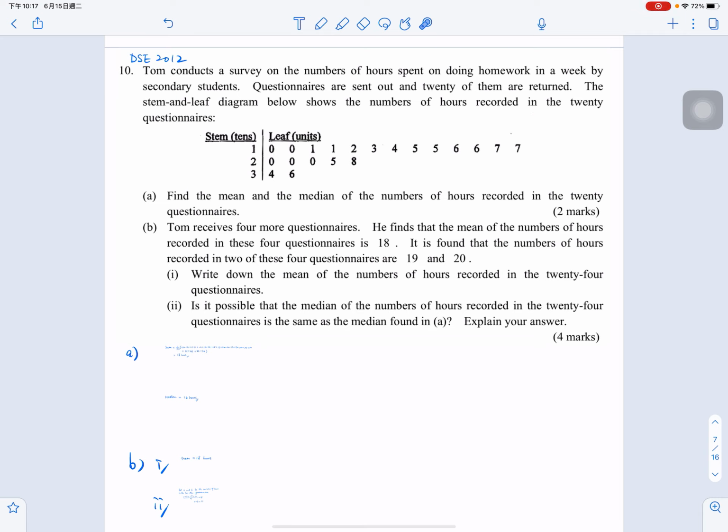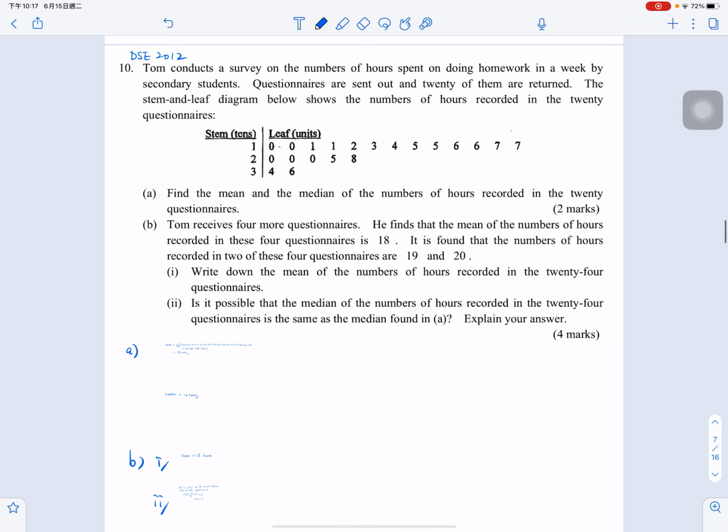Here's the stem and leaf. It asks you to find the mean and the median of the number of hours recorded in the 20 questionnaires. Median means you just go according to the order of the numbers. There are 20 questionnaires, so pick up the 10th and 11th. 1, 2, 3, 4, 5, 6, 7, 8, 9, 10, 11.